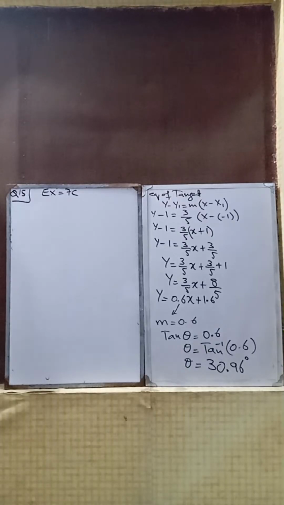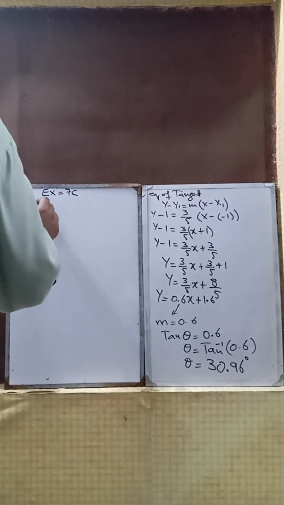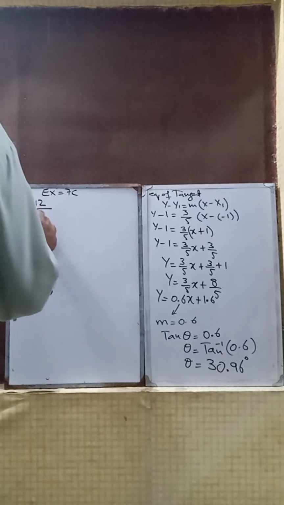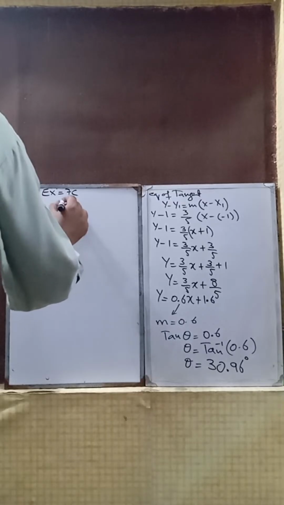A curve is given. The equation of the curve is y equals 12 divided by 2x minus 3, minus 4.